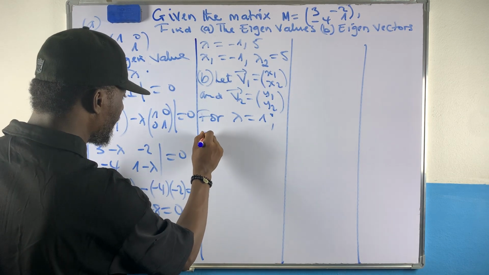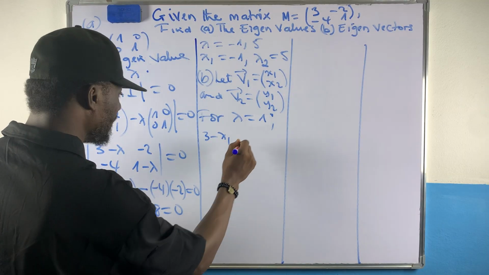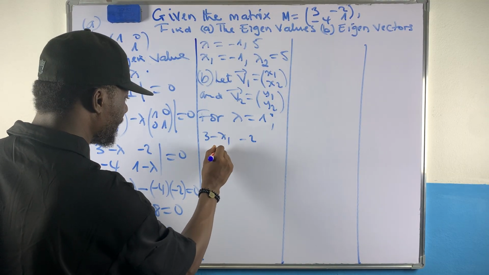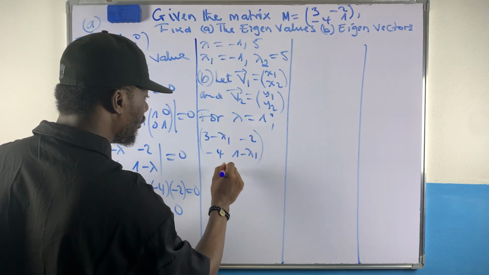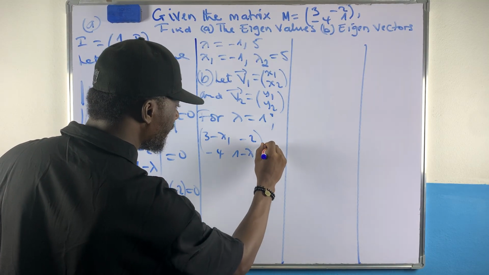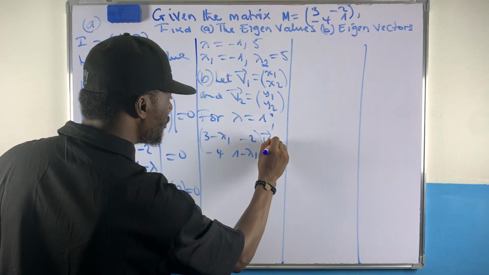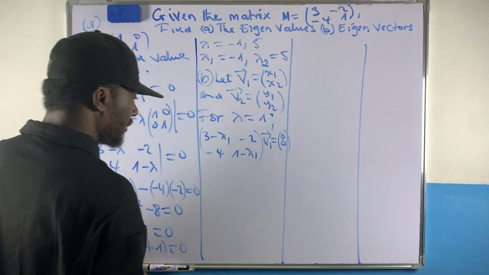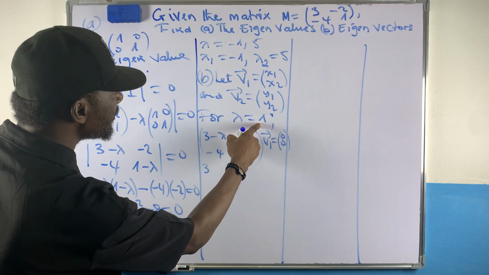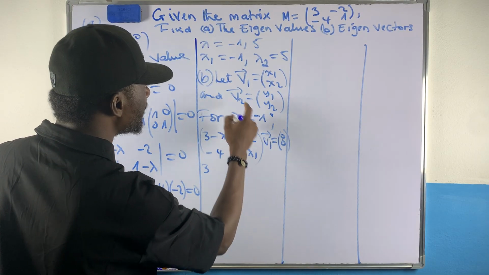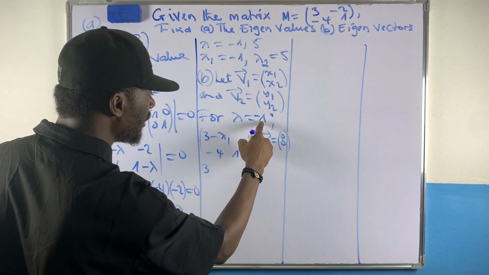So I'm going to have 3 minus lambda 1, -2, -4, 1 minus lambda 1, all that multiplied by my eigenvector V1 should be equal to 0, 0. My lambda 1 is negative 1, sorry, so lambda 1 is negative 1.